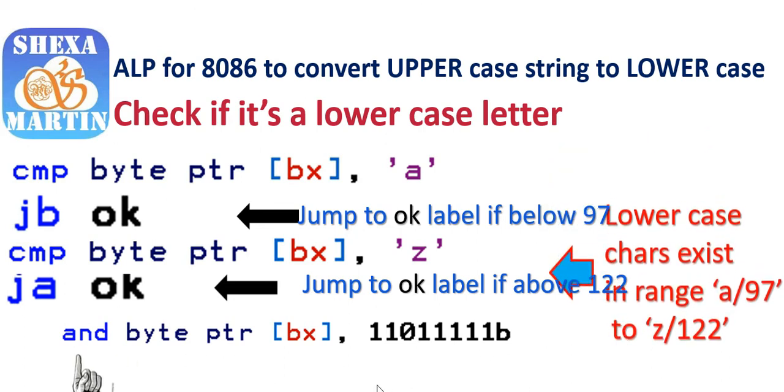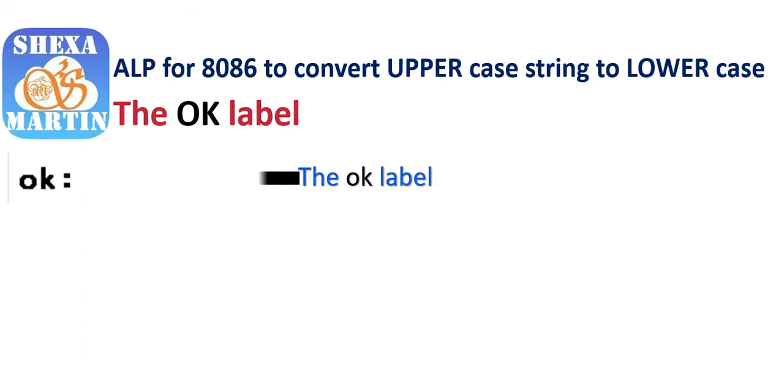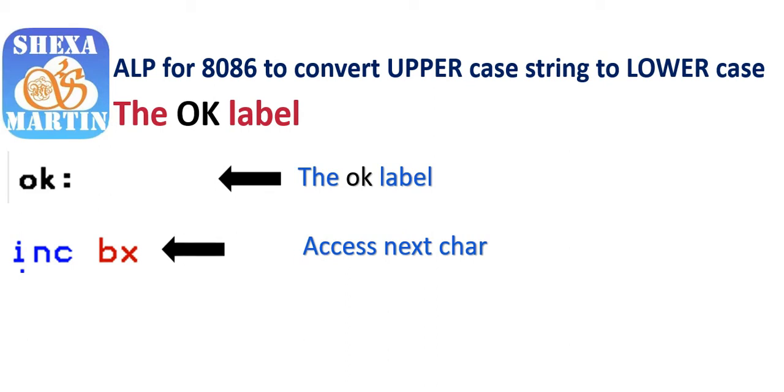Right. So let's go ahead and check other labels, like the OK label. In the OK label, we write this instruction. We increment the value of BX.